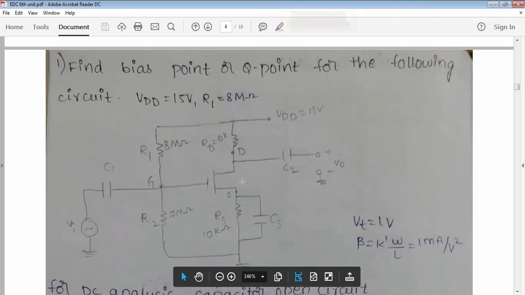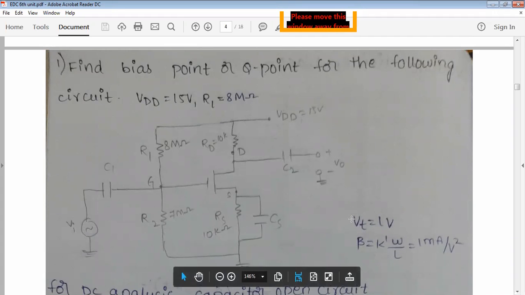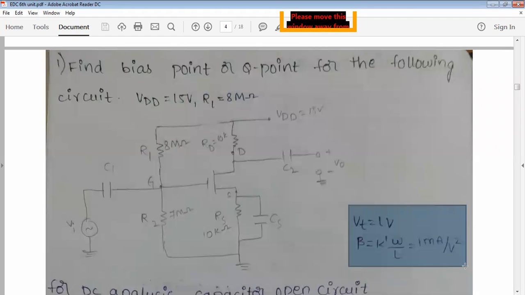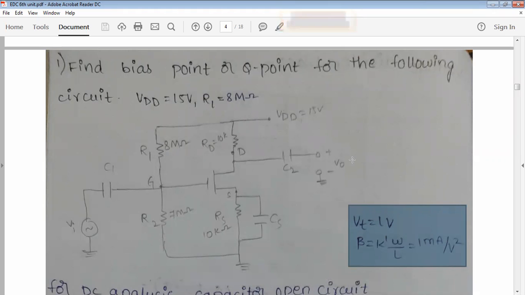First one is identify whether this problem is related to JFET or otherwise MOSFET, in MOSFET, depletion mode MOSFET or enhancement mode MOSFET. Right? One is by observing the symbol, or second one is by using the given data. By using the given data, we can easily identify the given K dash W by L and threshold voltage, so that the given data is related to enhancement mode MOSFET.